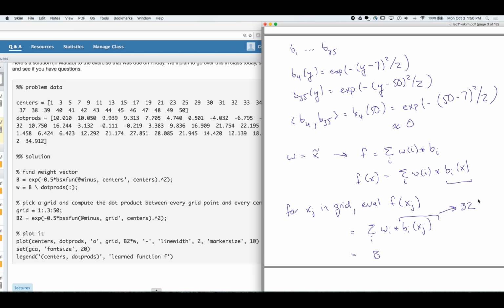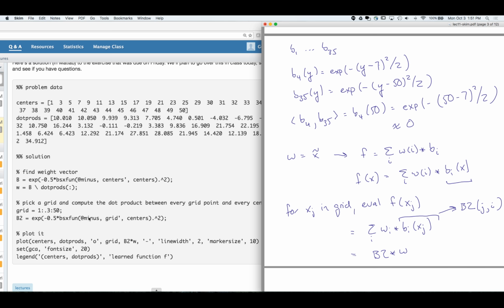This is going to be matrix multiplication, B2 times W, where I have apparently accidentally written the subscripts in the opposite of the usual order. So this is matrix multiplication along the i subscript of B2. And what I'm trying to do is compute this matrix B2, whose elements are bi of xj.